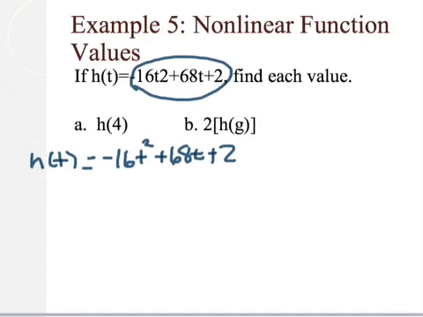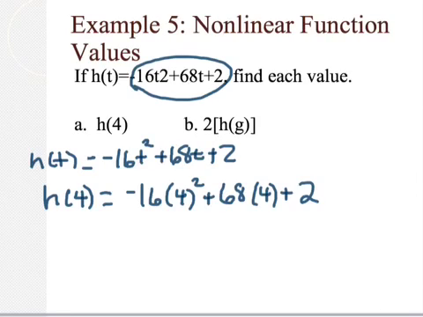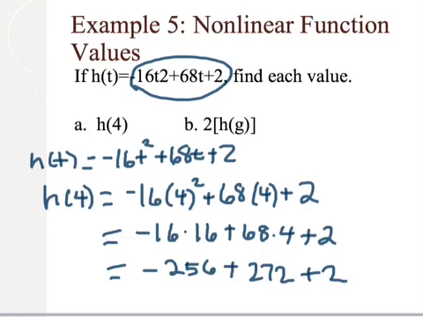To calculate h of 4, we're going to have to substitute in 4 for all the t values. The substitution looks like this, and then we'll use PEMDAS, or order of operations, to calculate our answer. So we get this, and then 18 is our final answer.